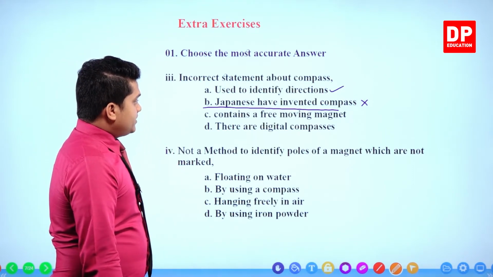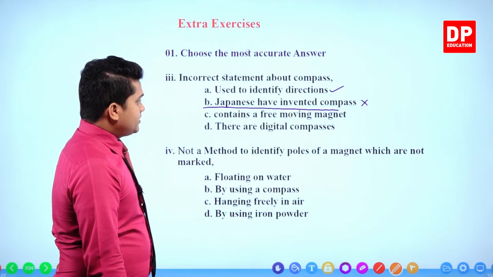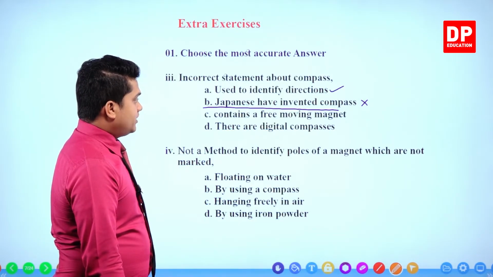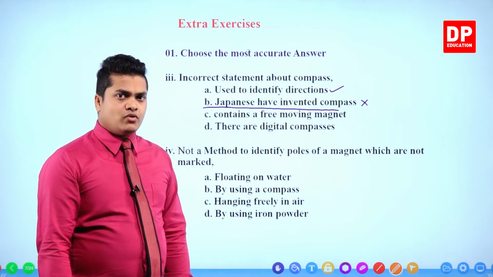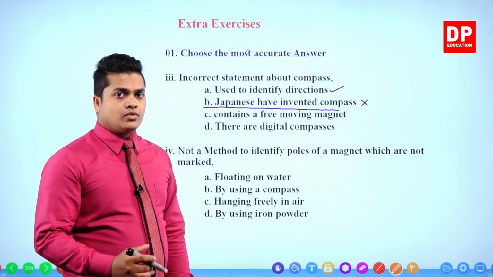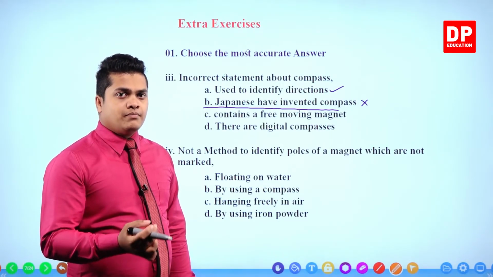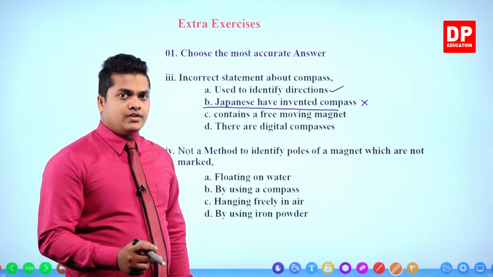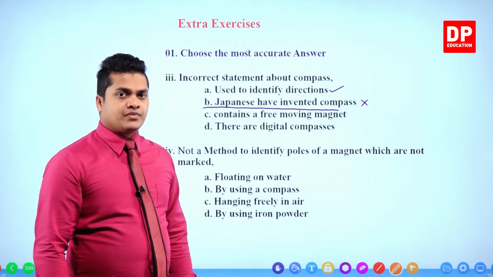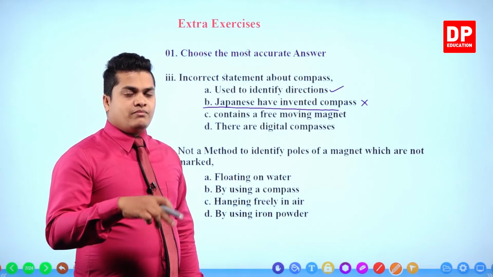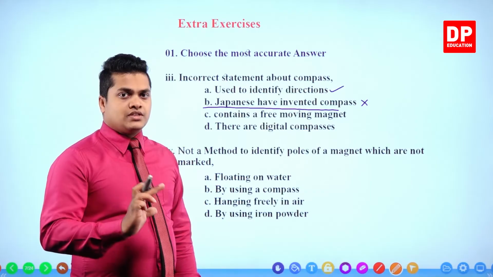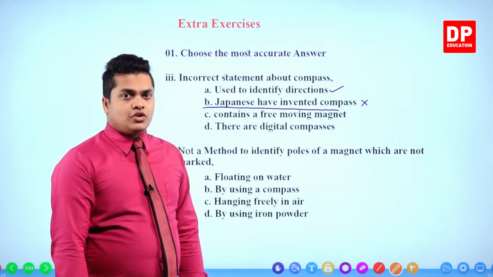It contains a free moving magnet. That is also correct. A compass is created by using a free moving magnet pivoted around a structure. That free moving magnet eventually turns to the north and south directions due to geomagnetism.